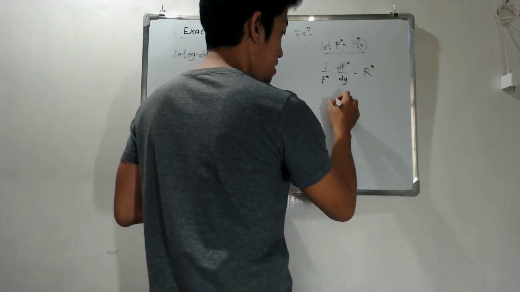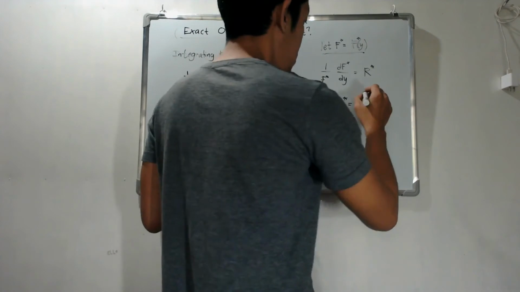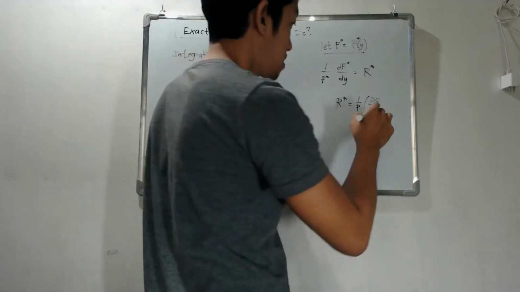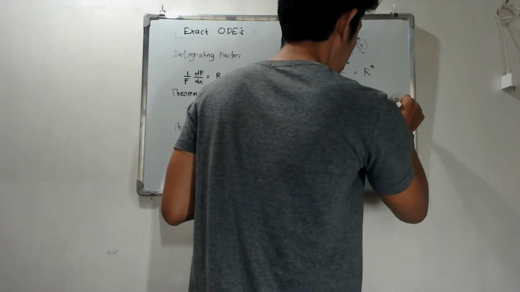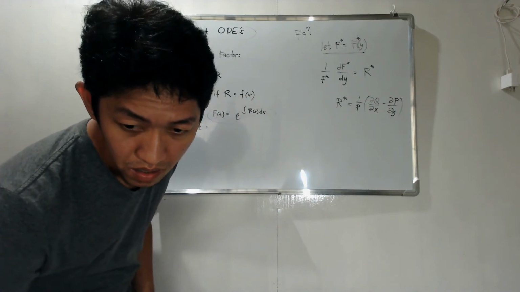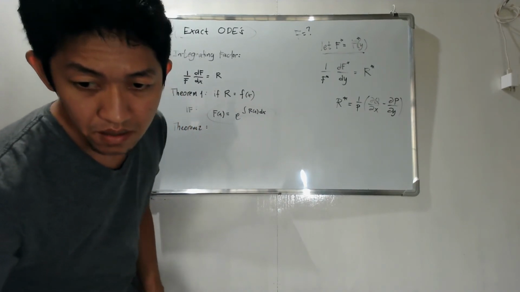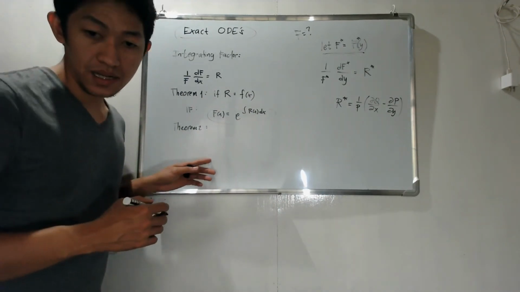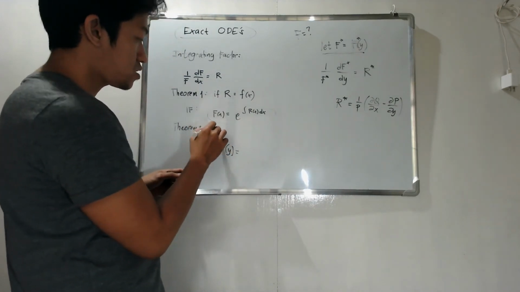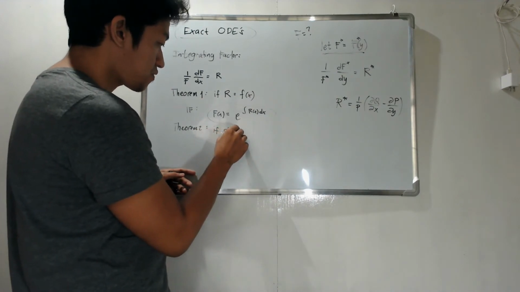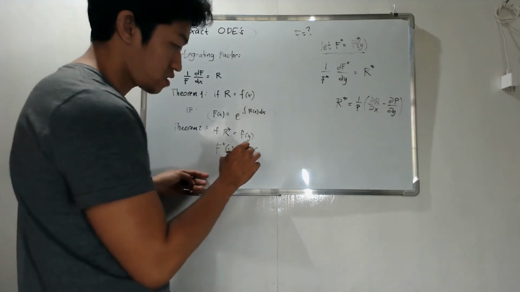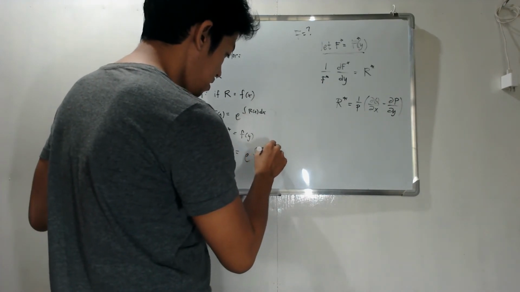So the value for this R is equal to 1 over P, I think it's the other way around. And correspondingly your integrating factor now, the condition is that if R is a function only of y, f is equal to e raised to the integral of R sub y dy.